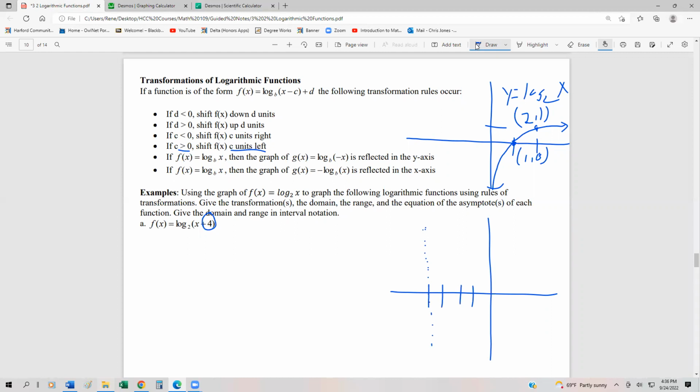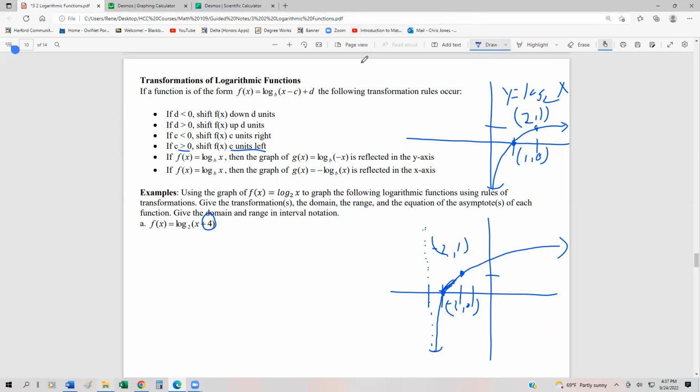Instead of the point (1, 0), we shift that 4 units to the left, and that's going to be (-3, 0). And then we take the point (2, 1), and we shift that 4 units to the left, and that's going to be at the point (-2, 1). All right, and so our graph would look something like this. I know it's not that good, but just pretend it is.